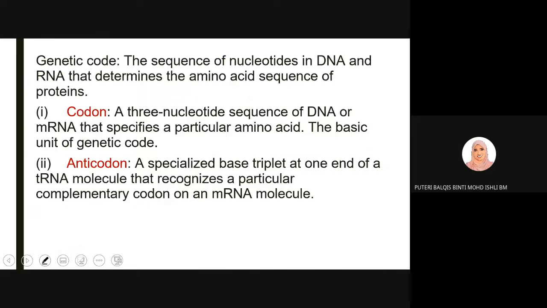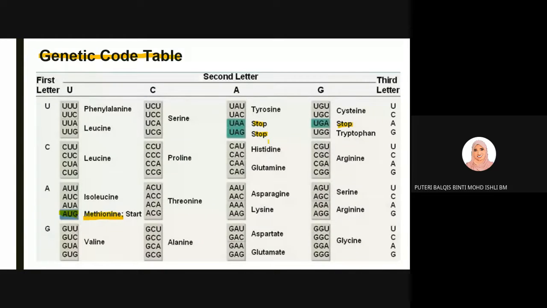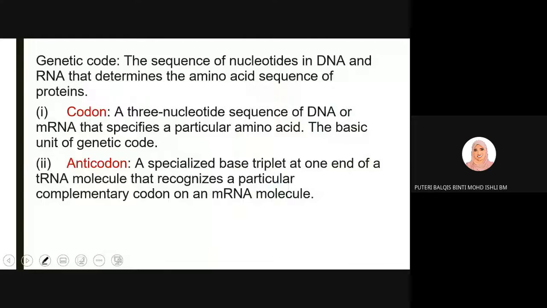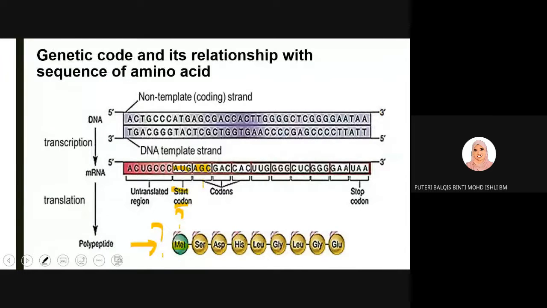So kita carilah mana AGC. Apa dia punya amino acid? First letter A, second letter G. So mana? Serine. Yes. Serine is our amino acid. So our amino acid for AGC is serine.